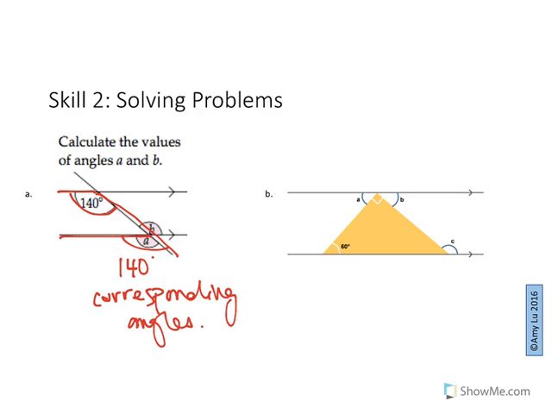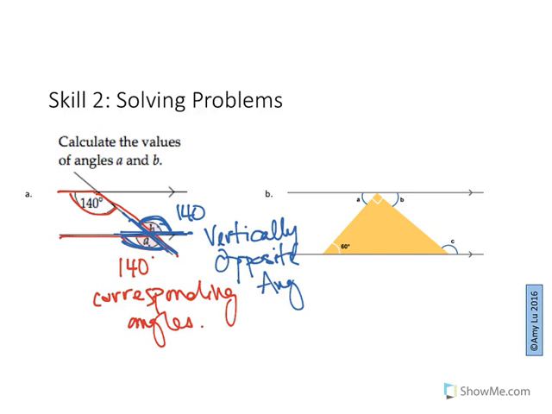Now, I can see that because there's an X here, since A is completely opposite of B, B is 140 degrees because A and B are vertically opposite angles.